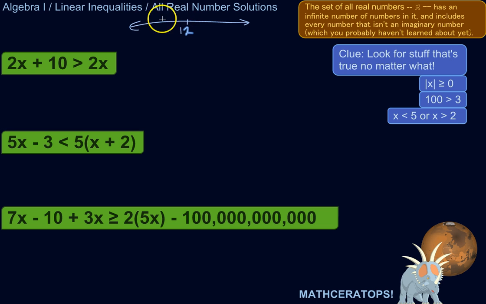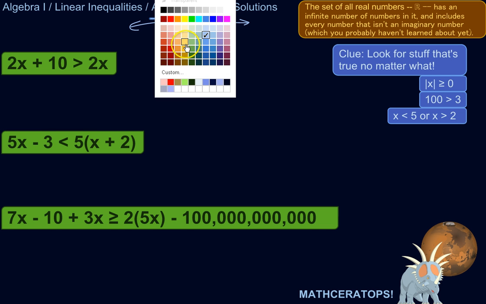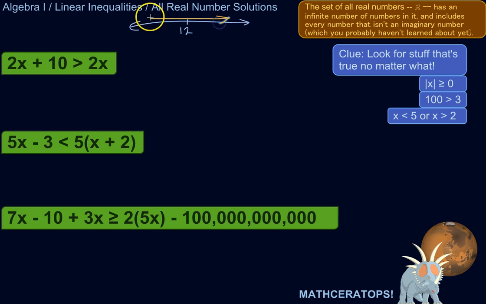Your solution would go infinitely in both directions. I mean, this could be the number 120. It could be 1200. It could be 12,000. Whatever. Your solution would be any number that's on this number line, right?